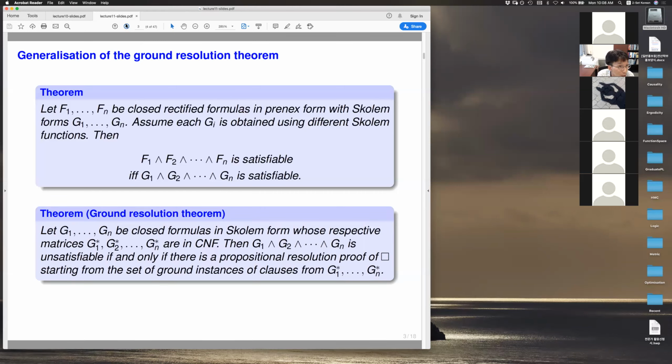So maybe the good thing to do is think about how to prove these two things in the remaining 3 minutes. Then I will tell you why these theorems are okay, and we will finish after that.